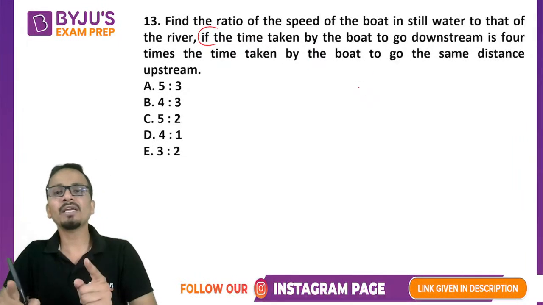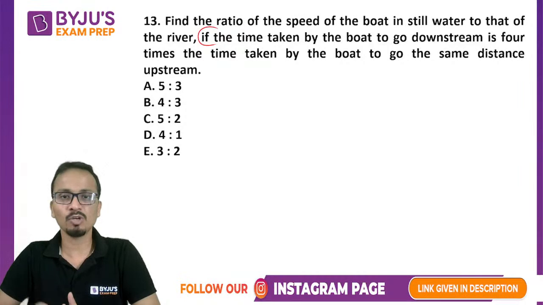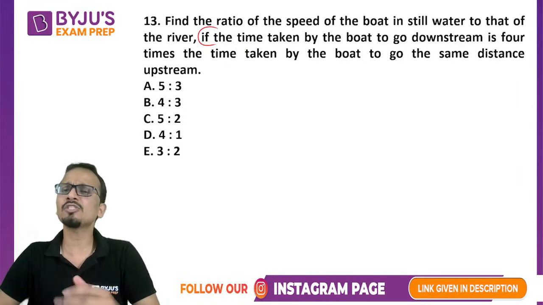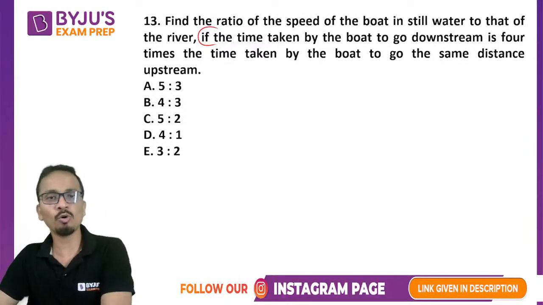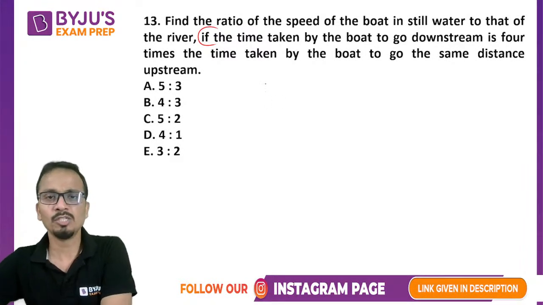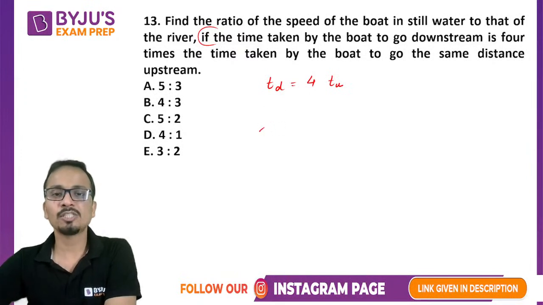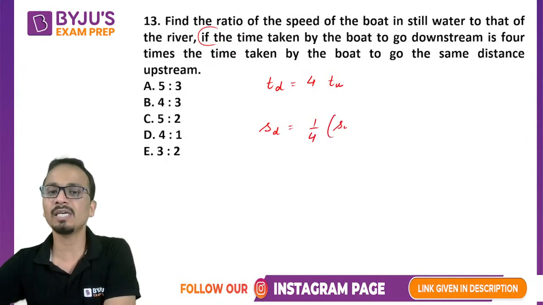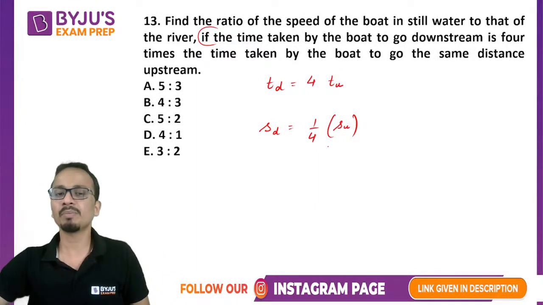Now, since time taken downstream is 4 times time taken to go upstream, I can say that speed downstream will be 1/4 times speed upstream. We have already seen that speed and time are inversely proportional to each other.